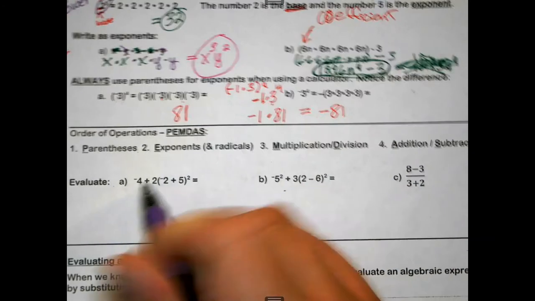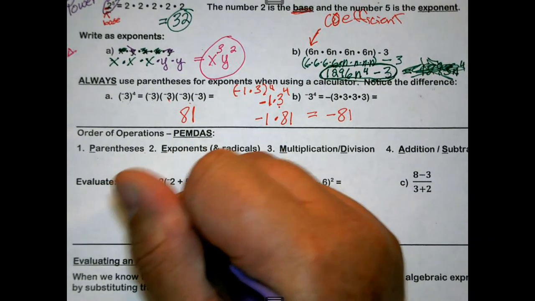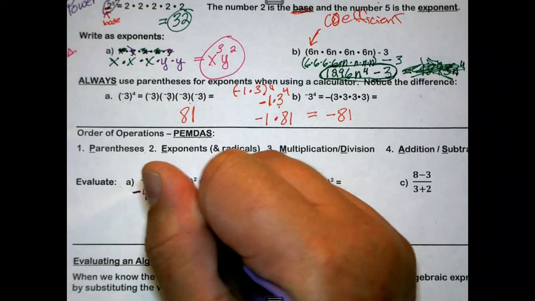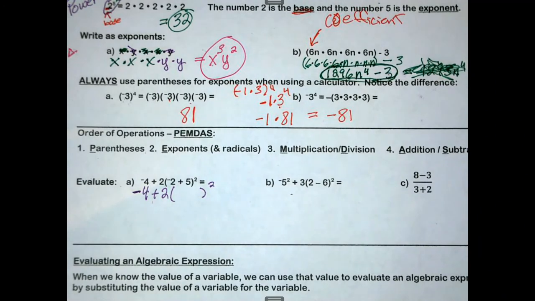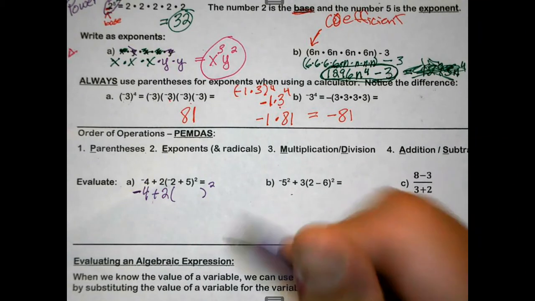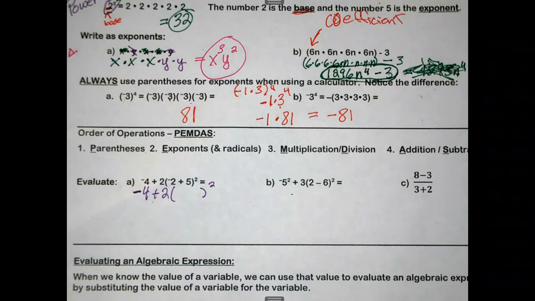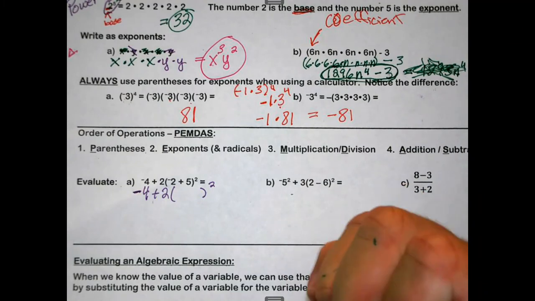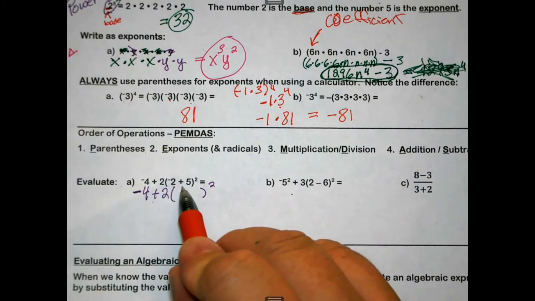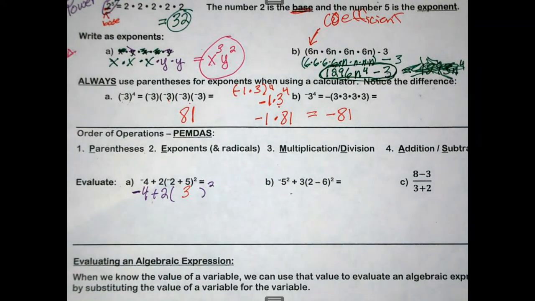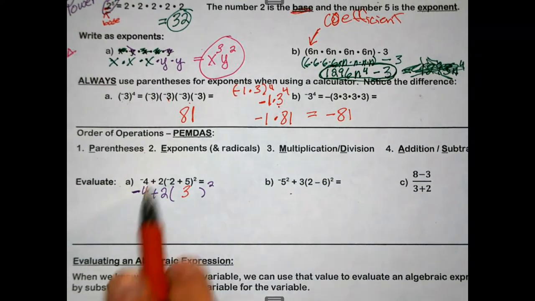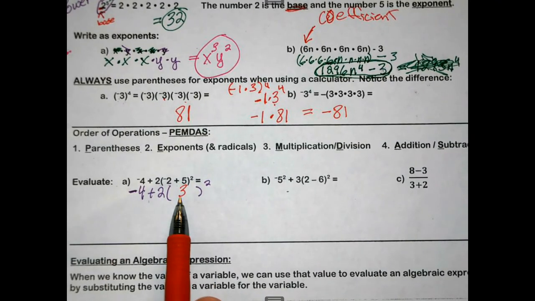Negative 4, again, I'm going to put these out in steps because I'm a teacher. I'm sure you can do a couple of these steps in your head. That's fine. Just be careful. I got negative 2 plus 5 in parentheses first, 3. I can't do anything more with the parentheses. I've simplified it.